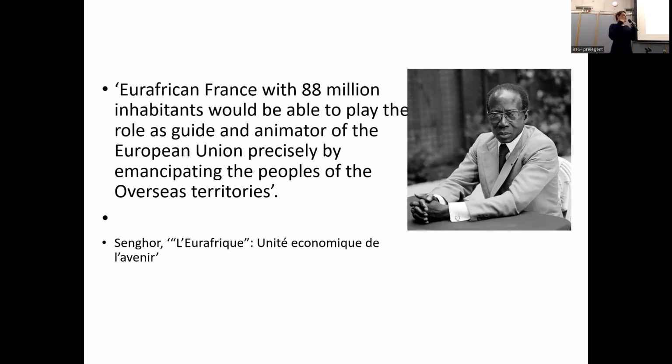This was something into which African intellectuals and politicians were also co-opted, in the belief that having Eurafrica as a common project is the way to both overcome the cleavages and the conflicts of the past, so basically the wounds of colonialism, but also build a common future. Senghor himself thought that this is a way of emancipating the peoples of the overseas territories.